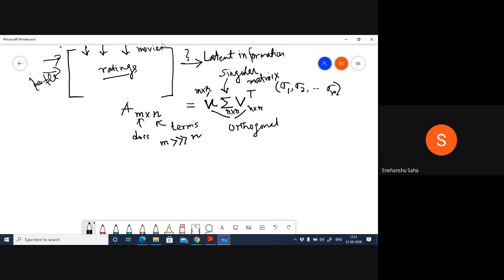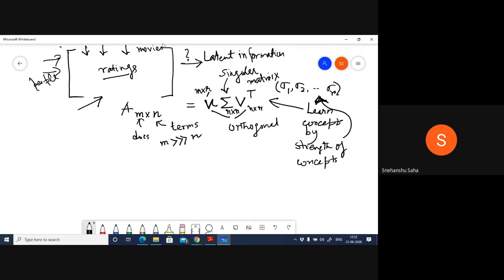So what we try to do from this decomposition is learn some concepts, and also the strength of concepts. And the strength of concepts is directly given by these singular values, sigma 1, sigma 2, all the way up to sigma r.